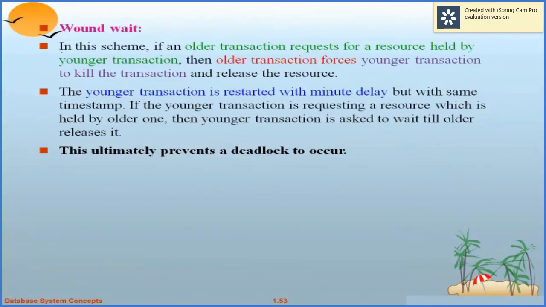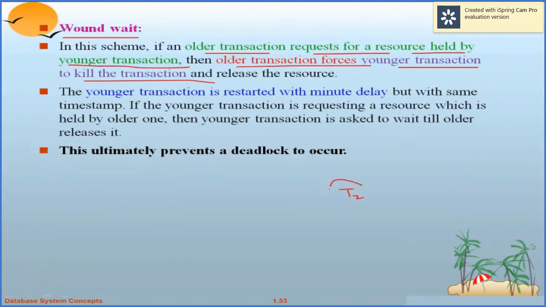The next one is the wound-wait condition. What is this about? If the older transaction requests a resource held by a younger transaction, then the older transaction forces the younger transaction to kill itself. It is almost similar to the previous one, but the difference is that in the previous case, T2 dropped itself because T1 was holding the resource and T2 was waiting for a long period of time.